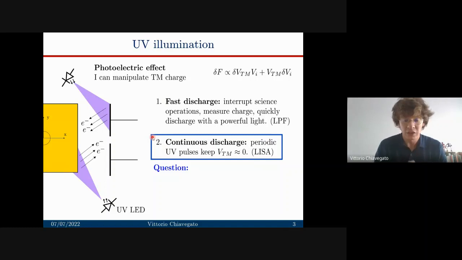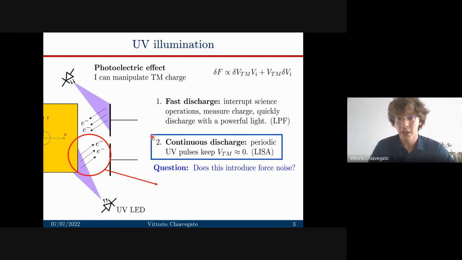But my question is, are we really allowed to leave the light on? So in other words, if we leave the light on, do we introduce some force noise? Unfortunately, the answer is yes, because this process of electron emission is something like a Poissonian process. So it's a stochastic one.